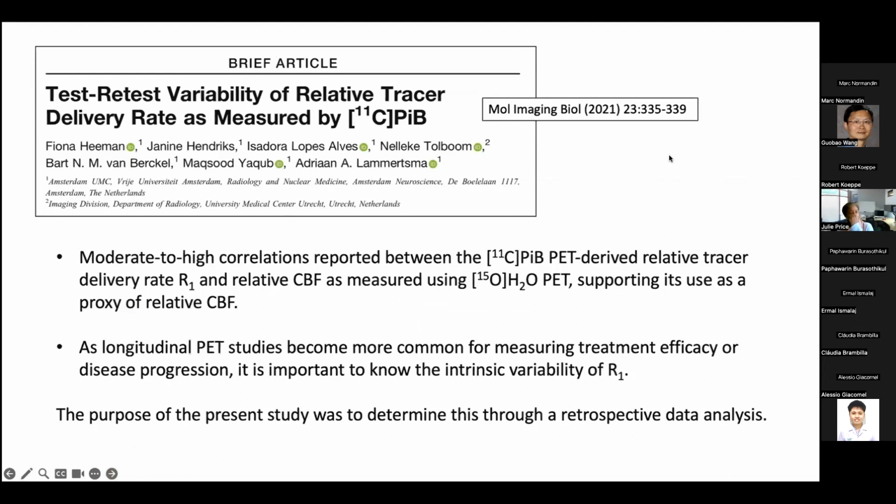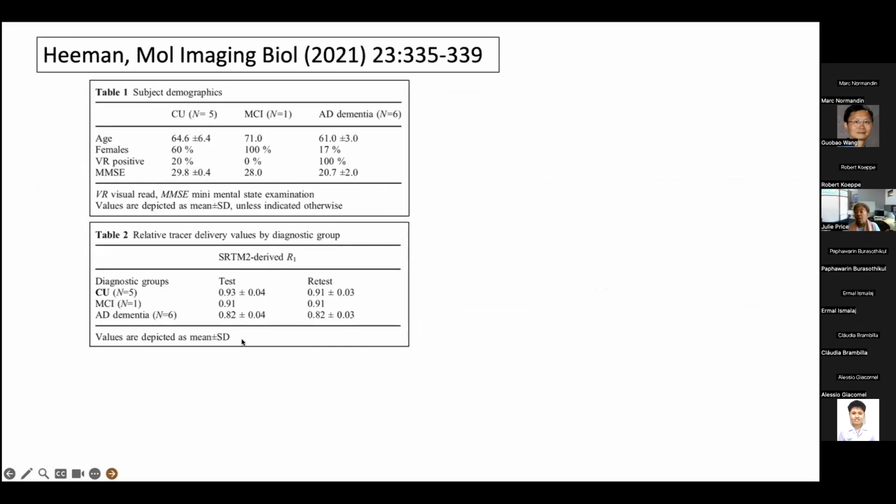And I just wanted to make a mention of the Amsterdam group. They looked at test-retest variability of R1, and they found, again, moderately high correlations. And they were concerned about the variation in extraction. So they looked at a group of controls and MCI-AD, and their relative R1 measurements across diagnostic groups were clearly different: R1 was much lower in AD, and that can be because of vascular effects.